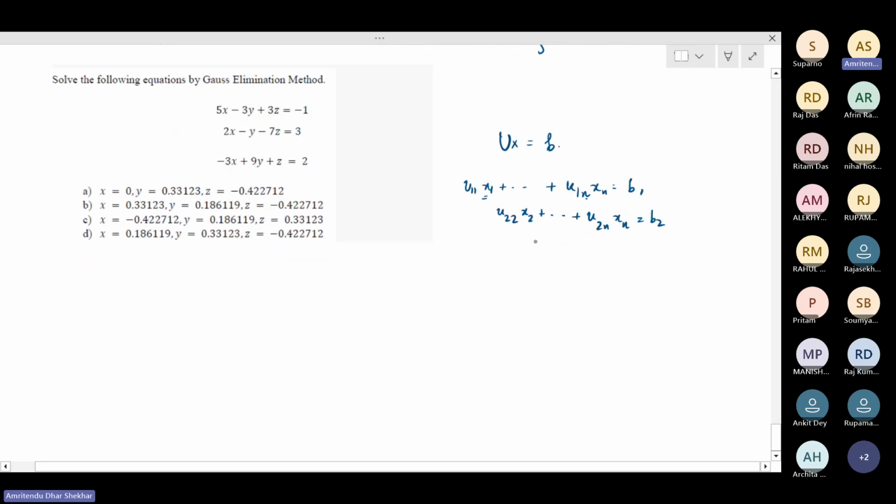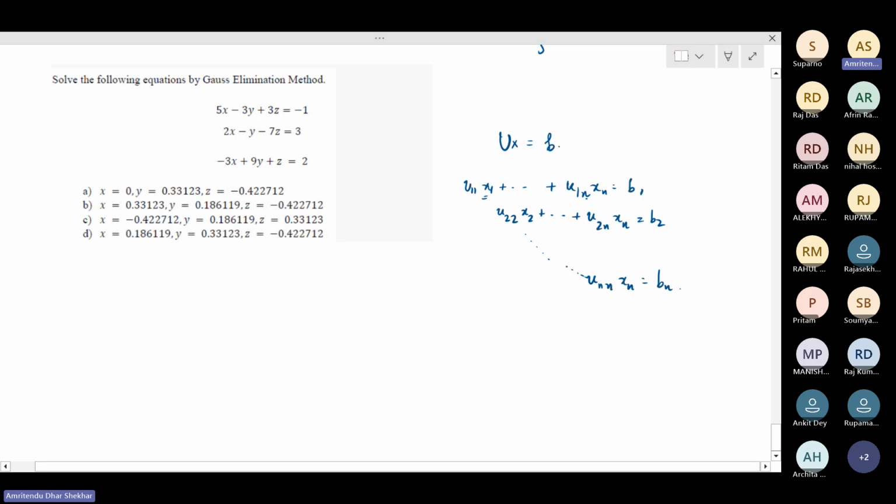Similarly, in the kth equation, all the coefficients of the variables x1 to xk-1 are 0. And finally, the last equation is of the form unn xn is equal to bn.